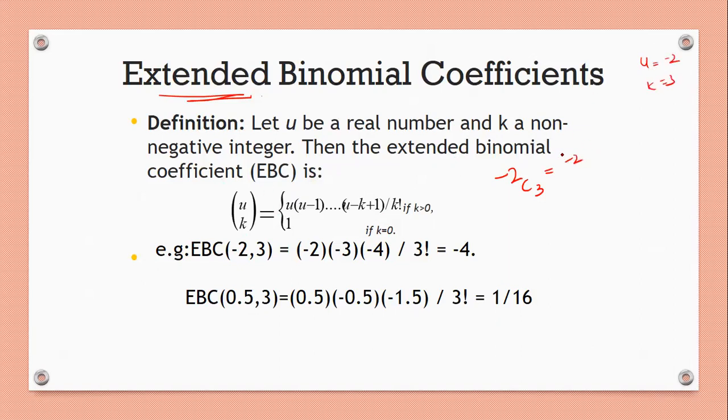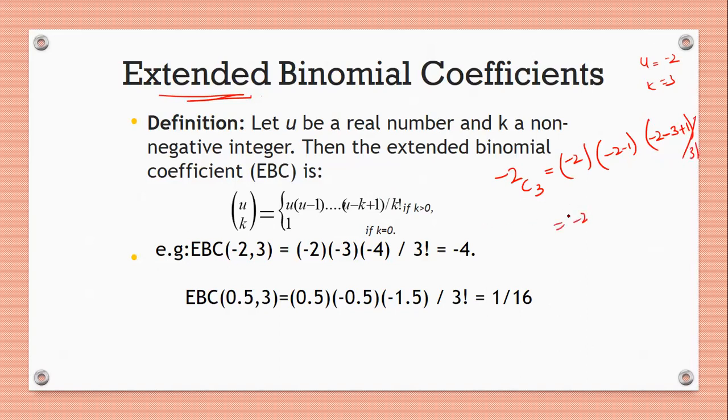So you will write minus 2, minus 2 minus 1, and then minus 2 minus 2, up to u minus k plus 1, so minus 2 minus 3 plus 1, divided by k factorial, and k factorial is 3 factorial.